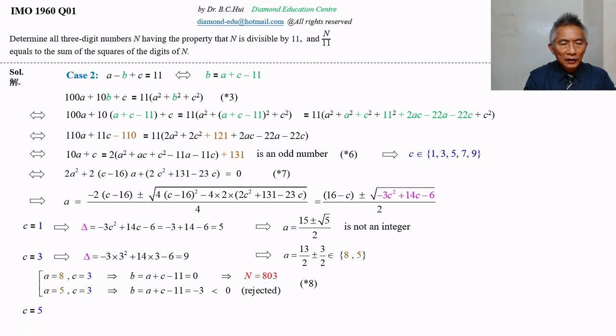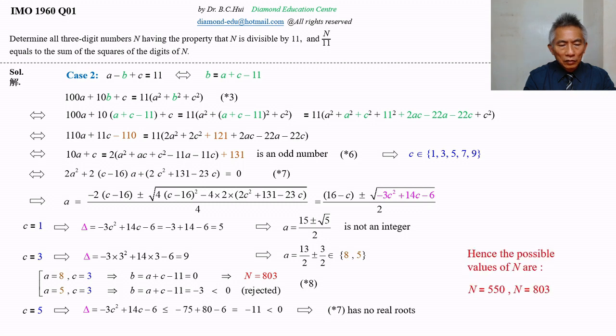If c equals 5, the discriminant would be a negative number, and it makes the quadratic equation have no real roots. So finally we get two possibilities, which is n equals 550 or n equals 803. And this is the result.